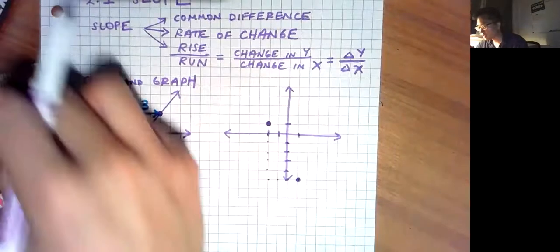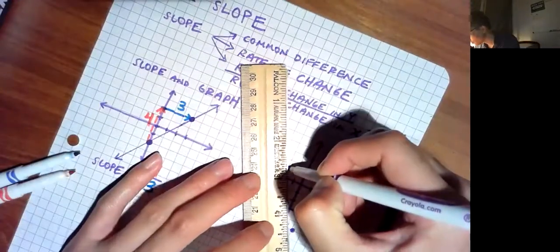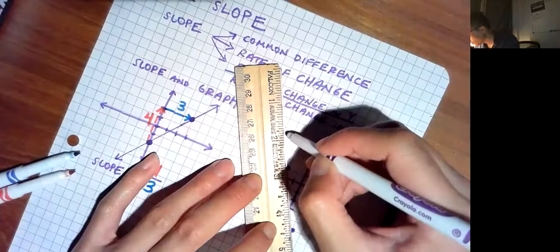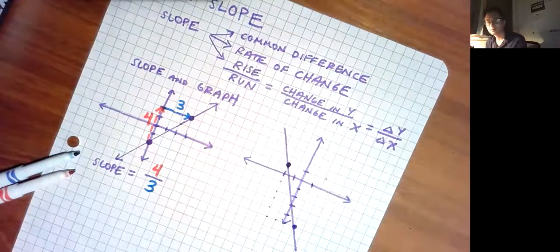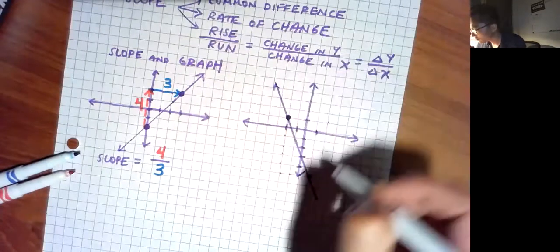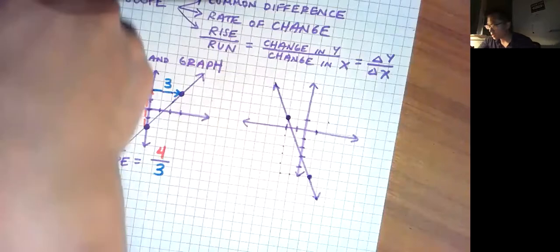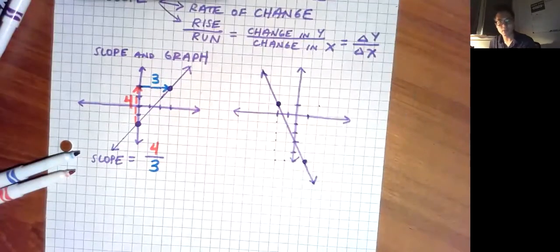And then same thing, let's connect these 2 points using a straight edge. And then using our other colors, let's mark how many units we're going up or down and how many units we're going left or right.